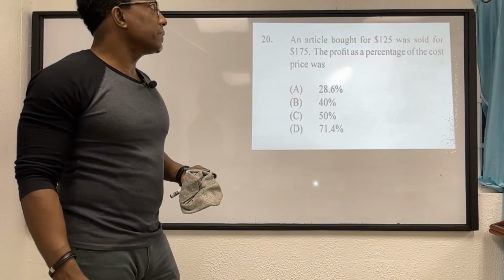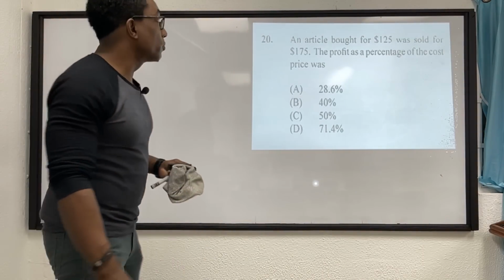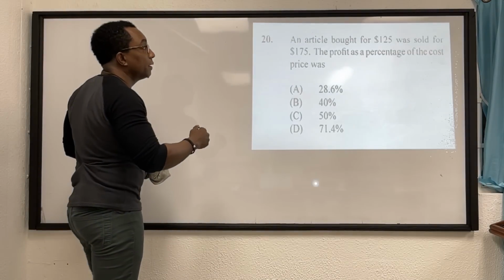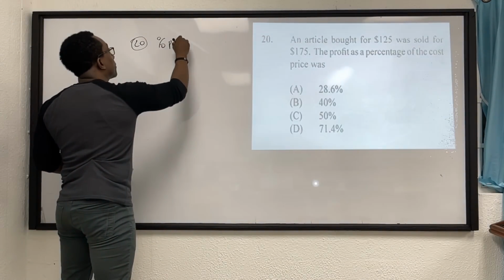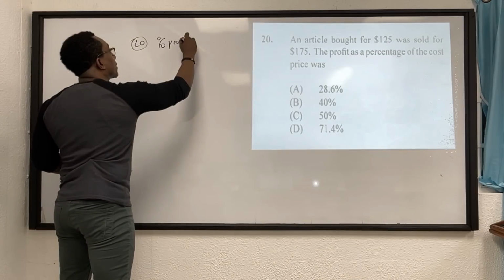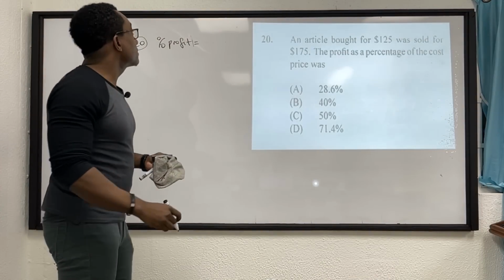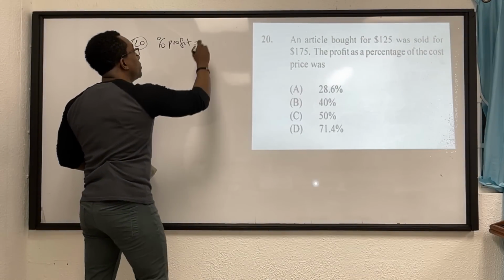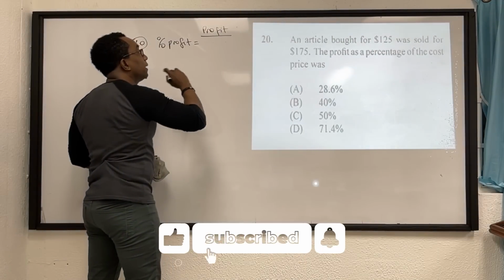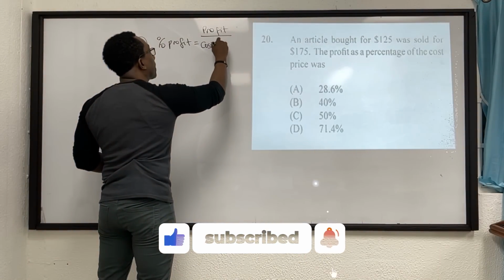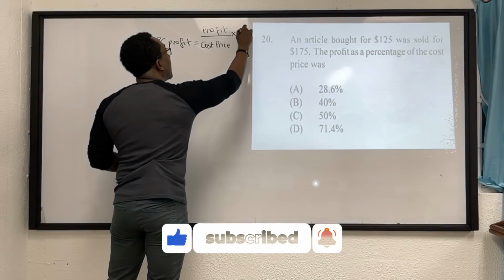The profit as a percentage of the cost price is. So if we have to determine profit as a percentage, or sometimes we say percentage profit, the percentage profit is simply your profit over the cost price, multiplied by 100.